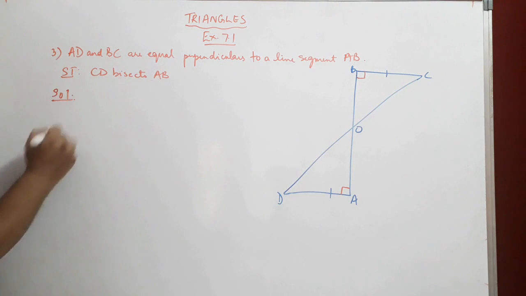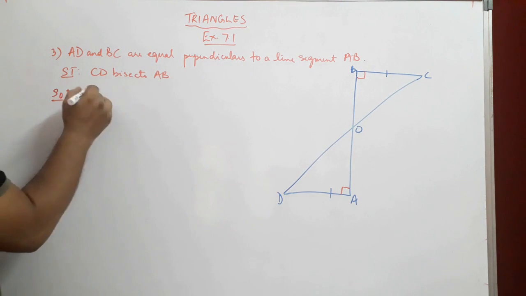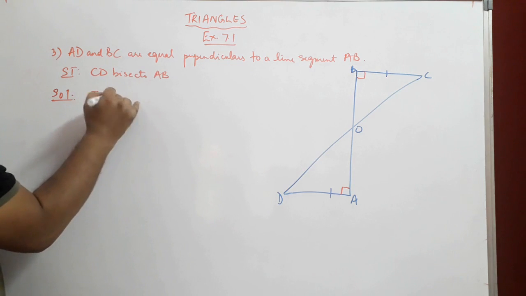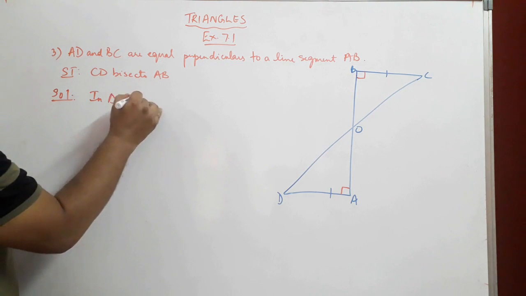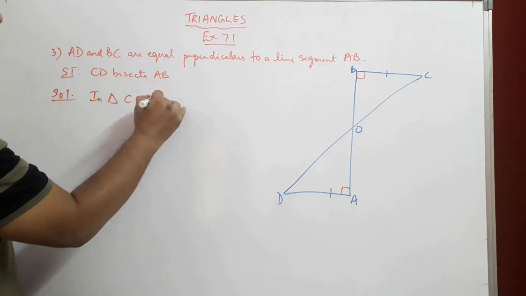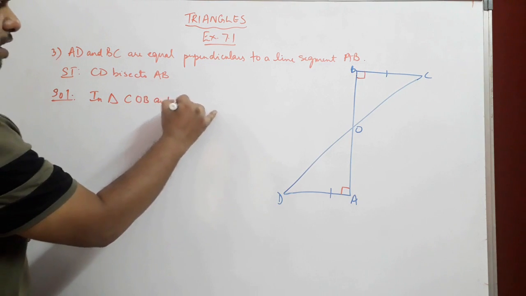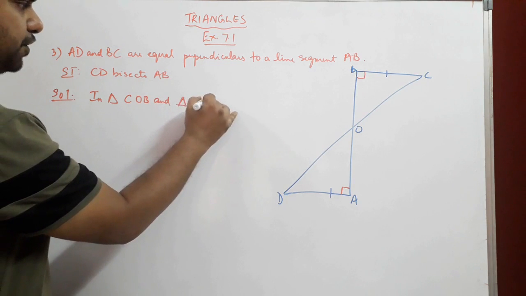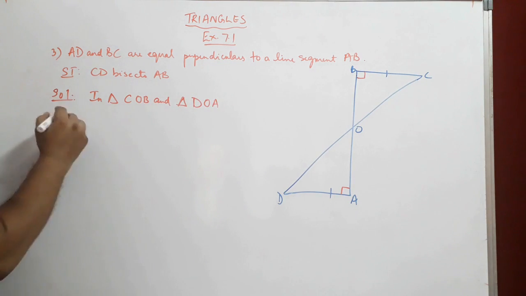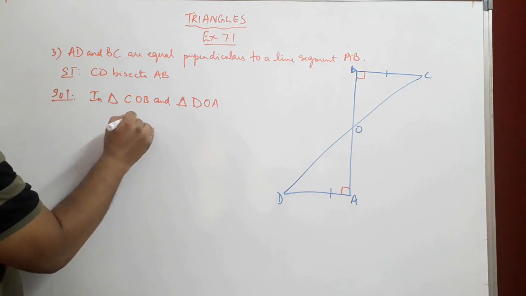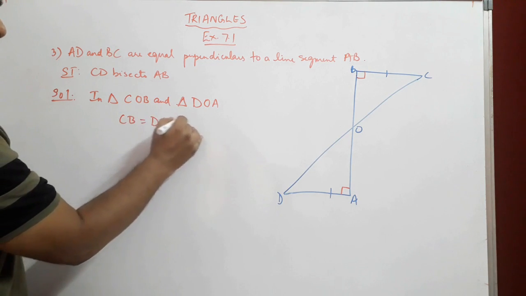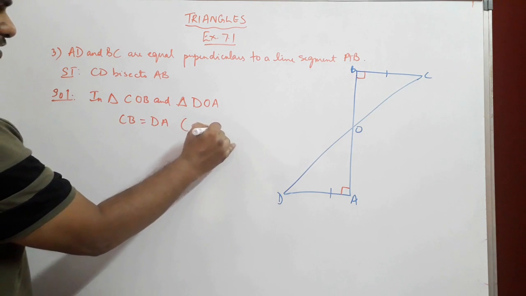We begin with what we have been given. So we start from the triangles that we need to prove congruent. We'll say in triangle COB and triangle DOA, what do we have? We have been given CB is equal to DA. You can say that this is given.